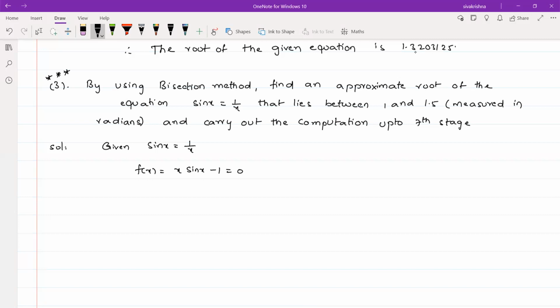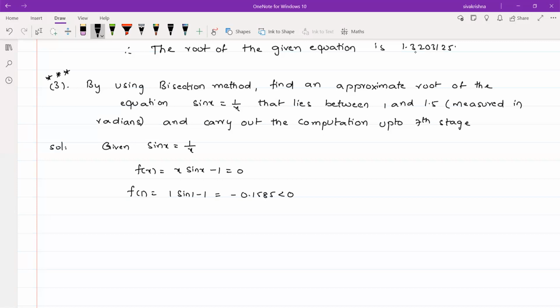Now I am finding f of 1. We substitute 1 in the given equation, so 1 into sin 1 minus 1. In the calculator, we get f of 1 as minus 0.1585, which is a negative value.